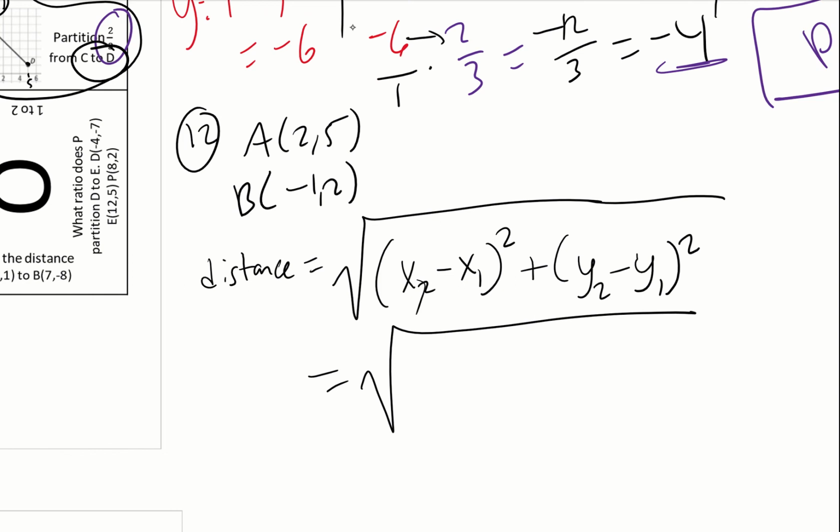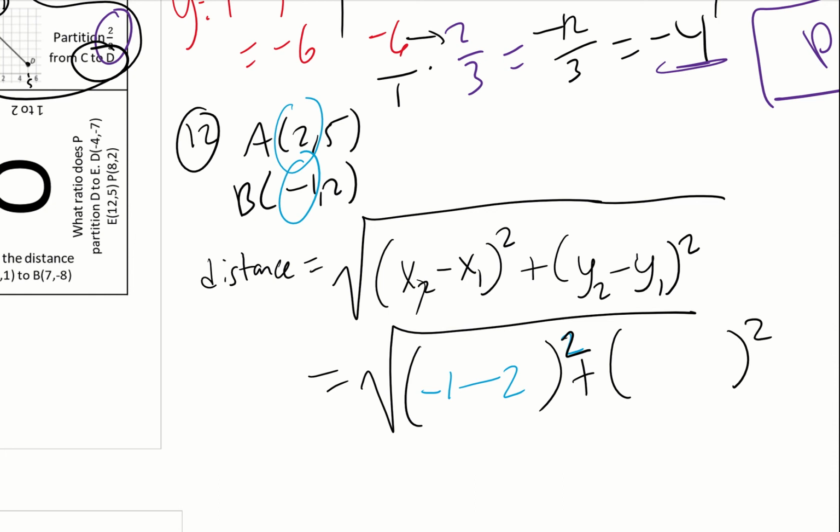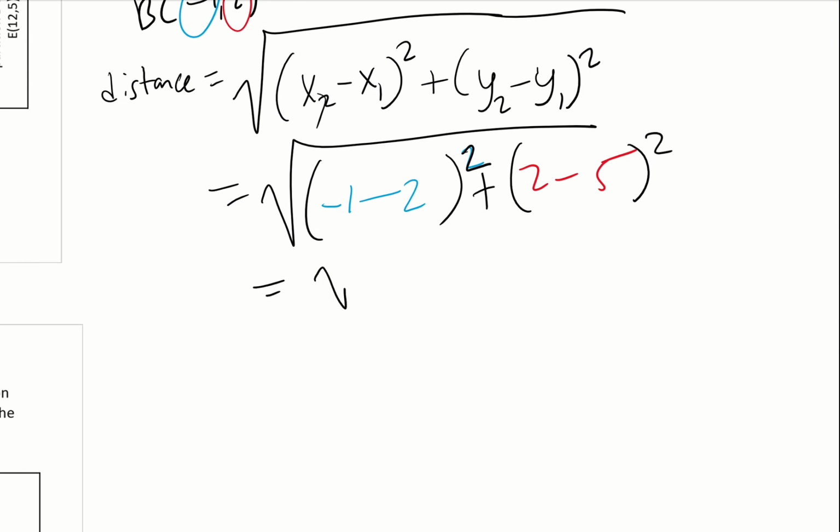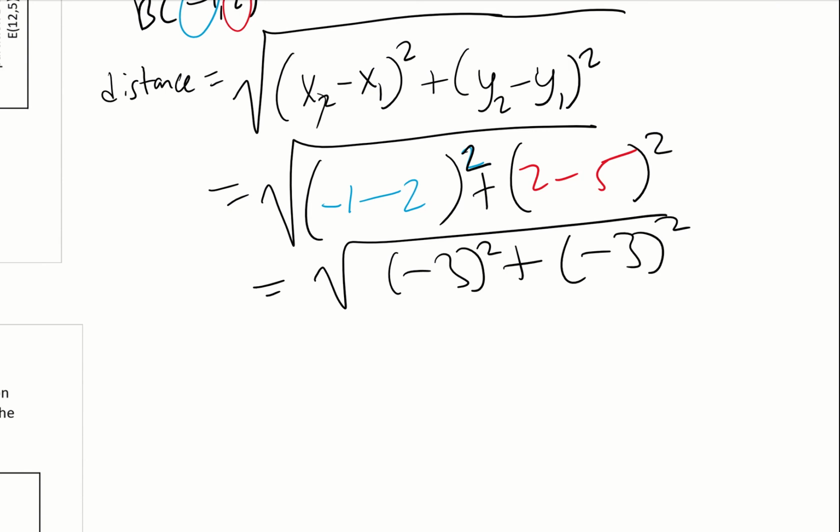Square root, subtract those coordinates. So negative 1 minus 2, squared, plus, subtract these coordinates now, 2 minus 5, squared. Then we do the math. Negative 1 minus 2 is negative 3, so negative 3 squared. 2 minus 5 is also negative 3.